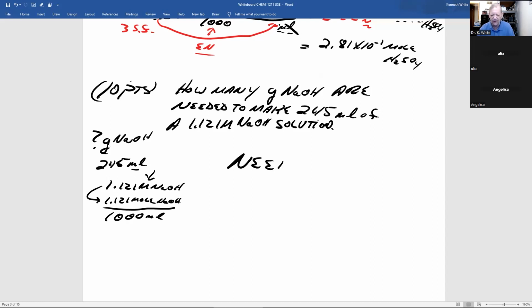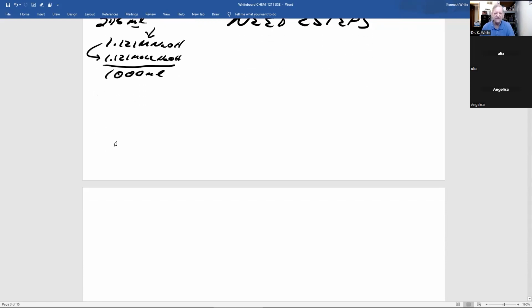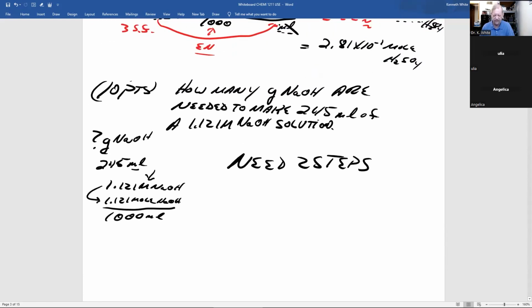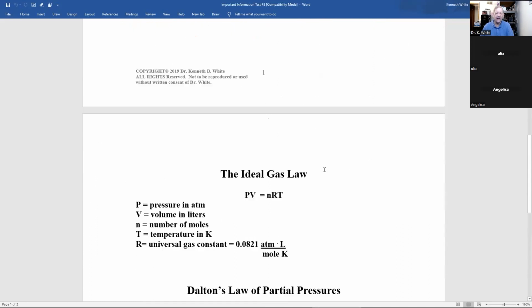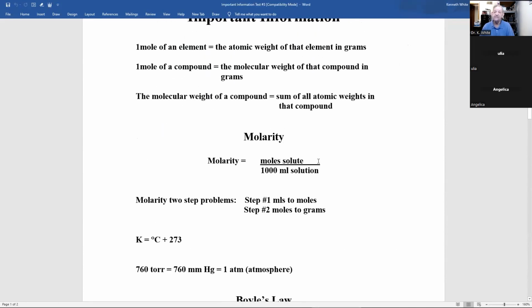Therefore, you need 2 steps. Whenever you're going from milliliters to grams, you need 2 steps. And if you look at important information, test number 3, you'll see molarity 2-step problems.